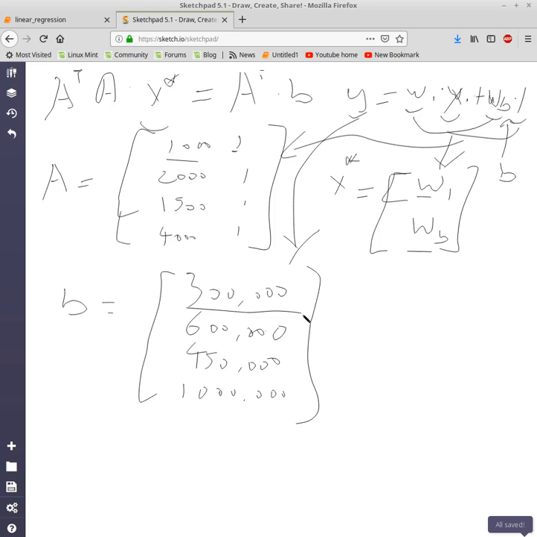And you want to find what W1 and WB are. So that's the normal equation. You solve it using linear algebra. Put this over here and solve for that using linear algebra. That's all we're going to go into today. We're not going to go any further about that.